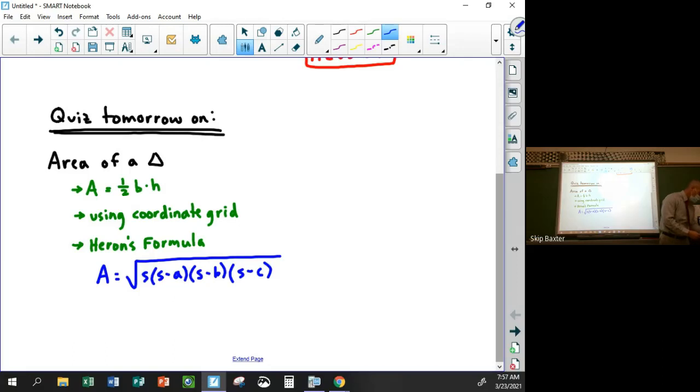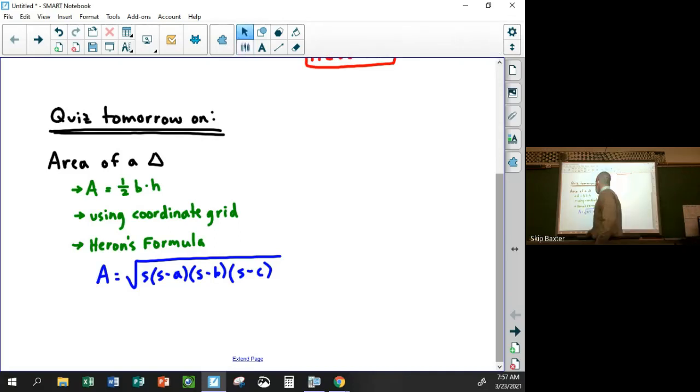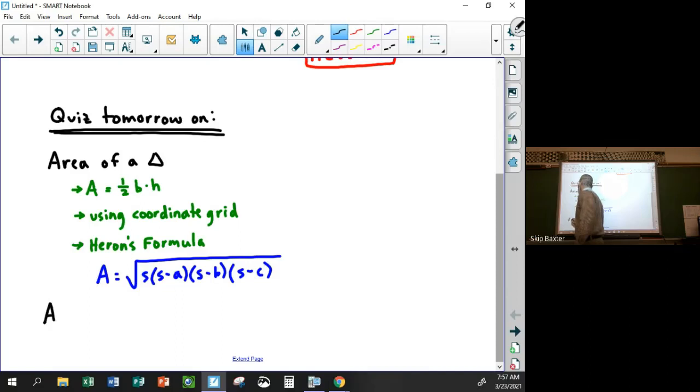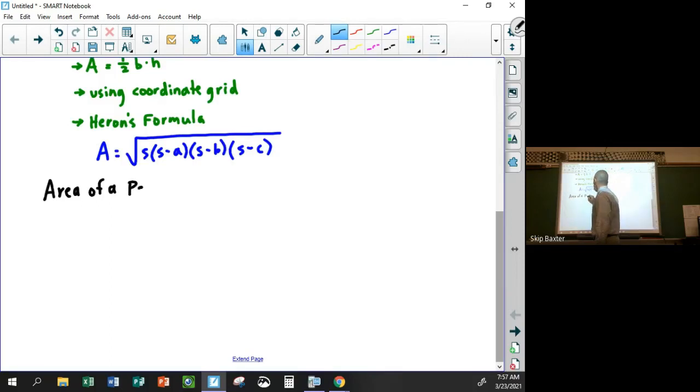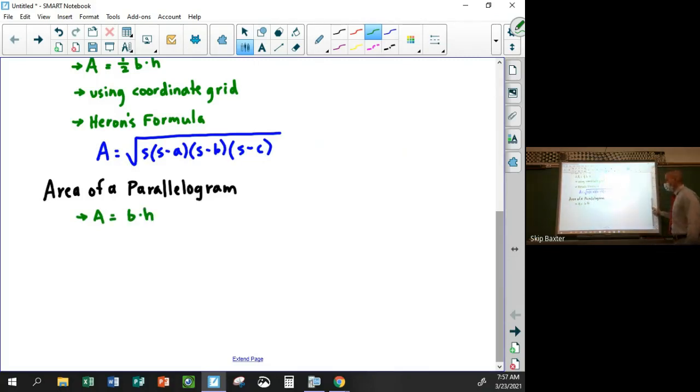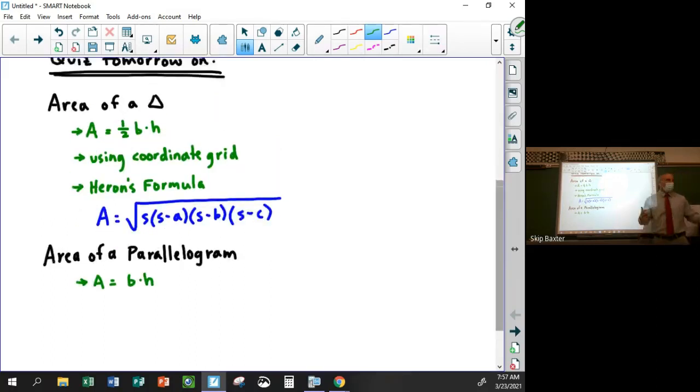And oh no, we also did area of a parallelogram. So remember that formula was area equals base times height.